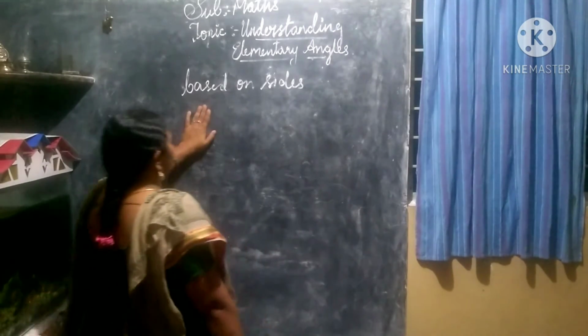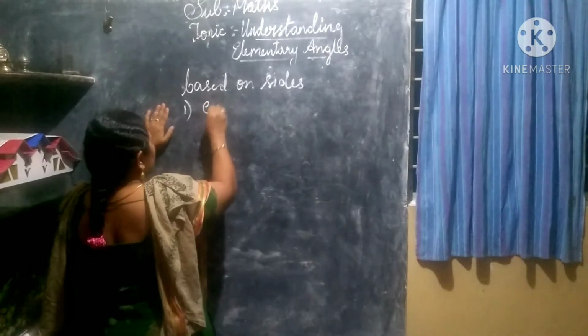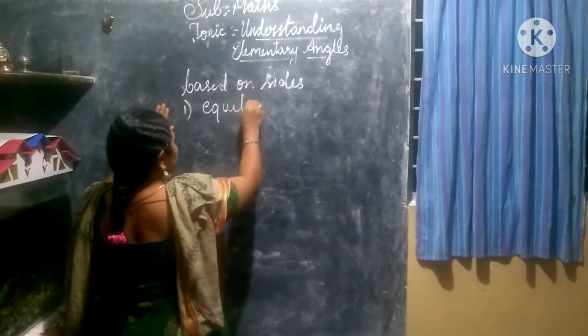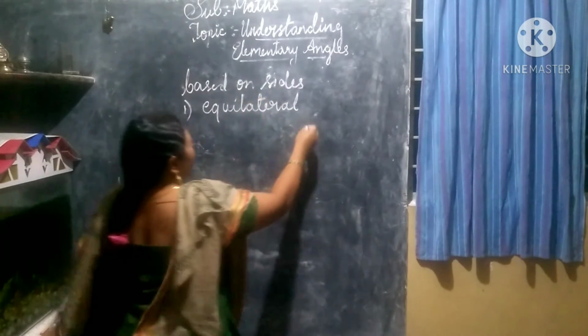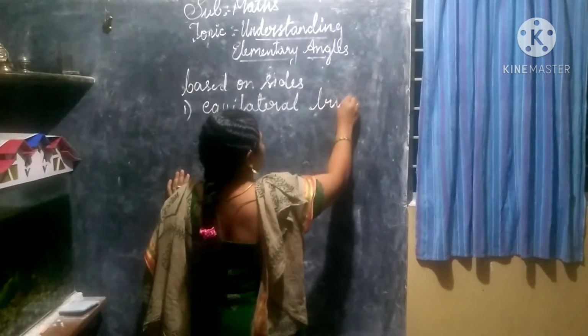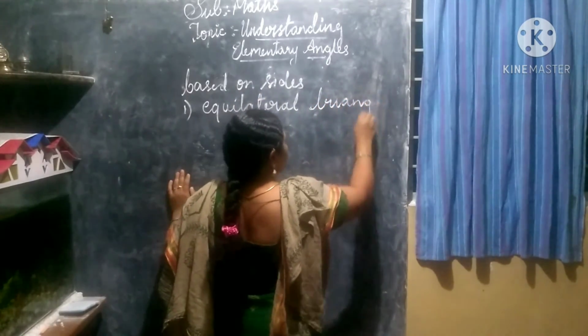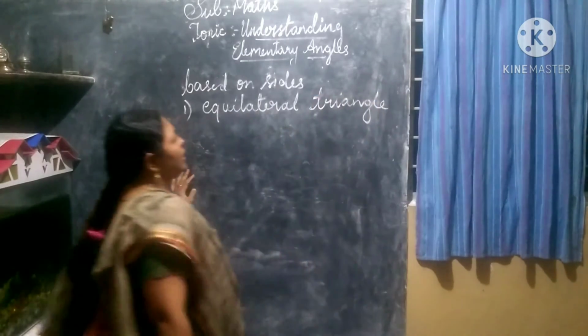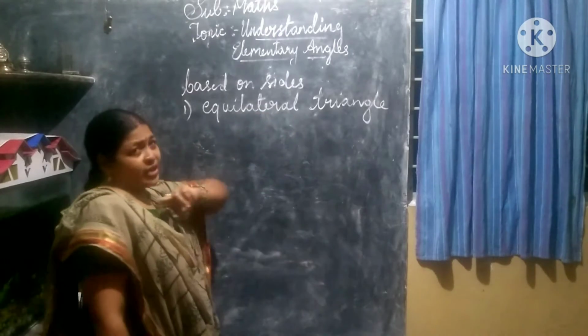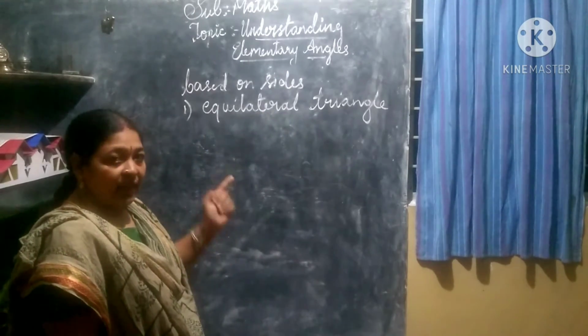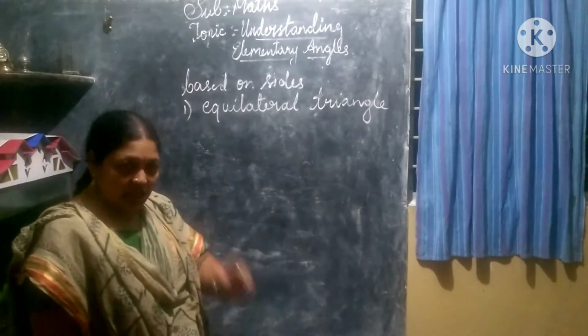The first one is the equilateral triangle. What is this equilateral triangle? When all the sides of a triangle are equal, then it's called an equilateral triangle.